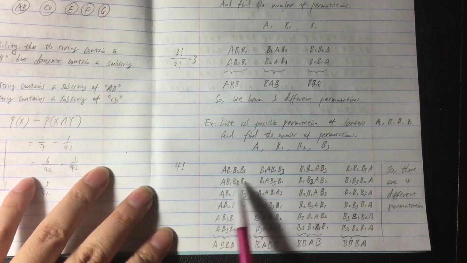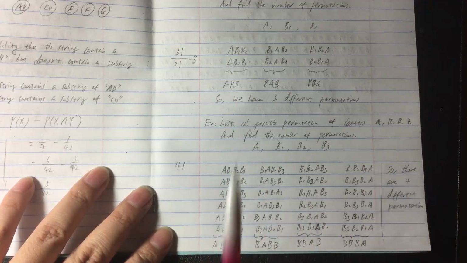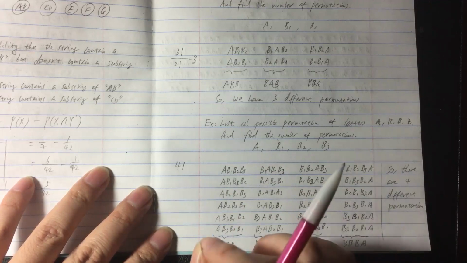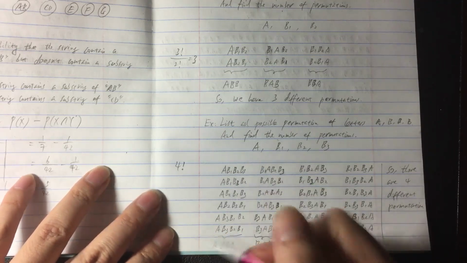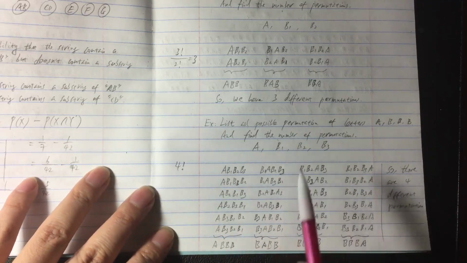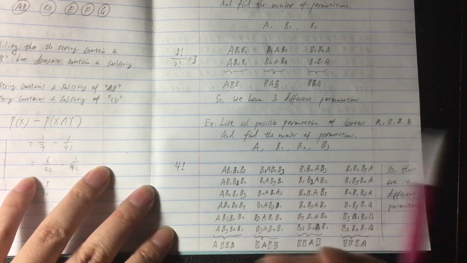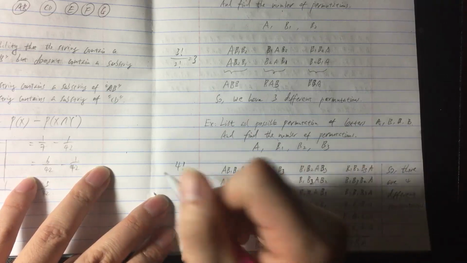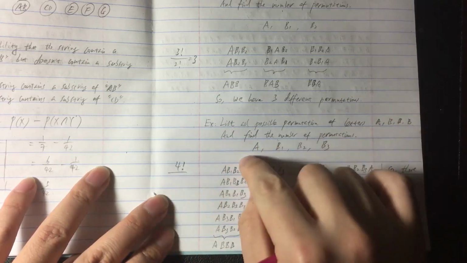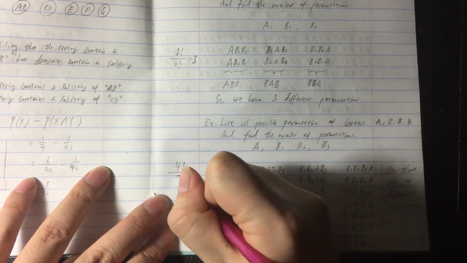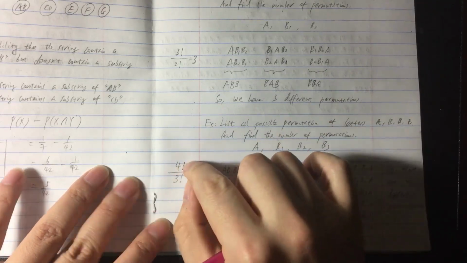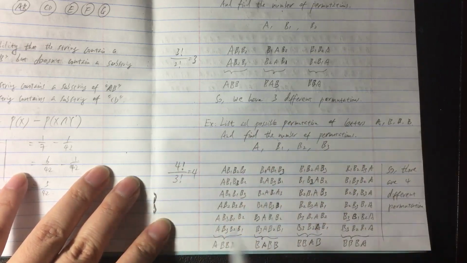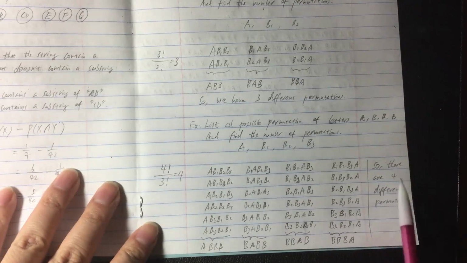If I switch the order of these 3 bits, it makes no difference. The number of ways to switch the order of 3 objects is 3 factorial. So I take the total, 4 letters, but 3 bits look exactly the same, so I take 4 factorial divided by 3 factorial, which is 4. We have 4 different permutations. Let's match what we have here.